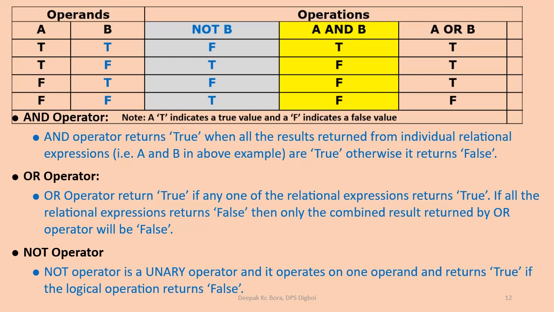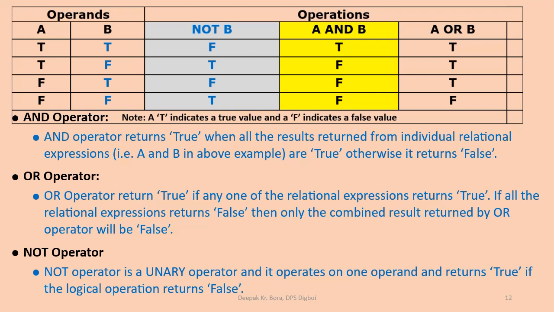The outcomes are arranged in the form of true true, true false, false true, and false false. Now let us see the first, the NOT operator, NOT B. NOT is a unary operator. That means it takes only one operand. Now here in the example I am taking B.